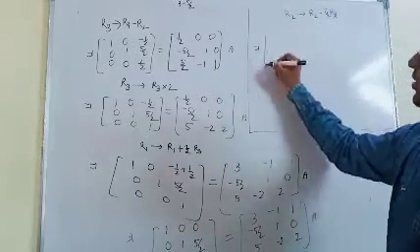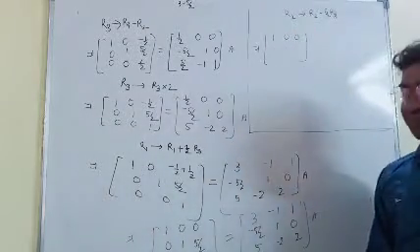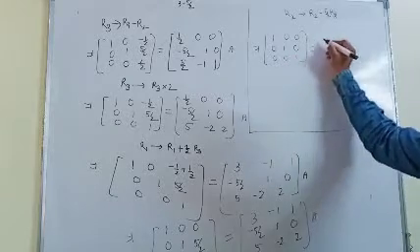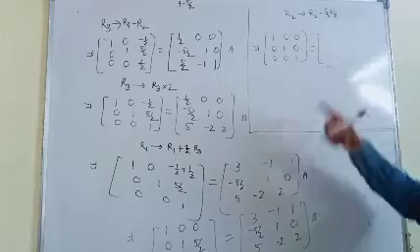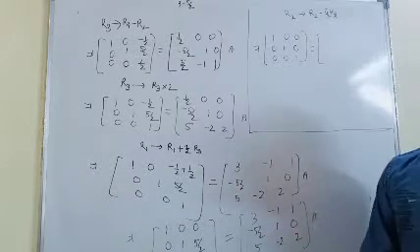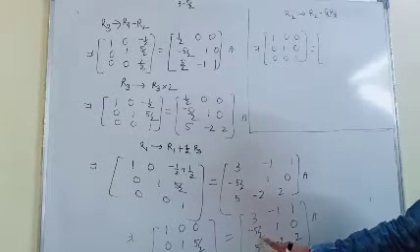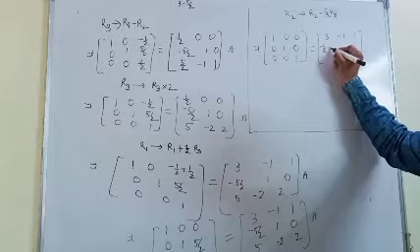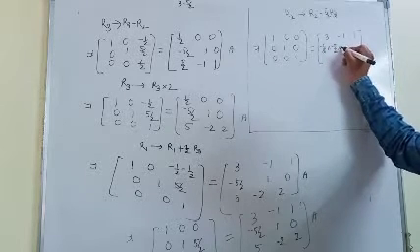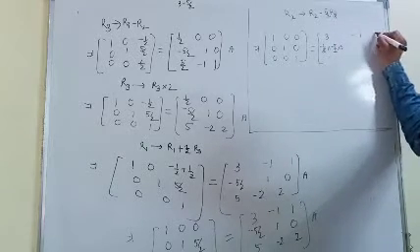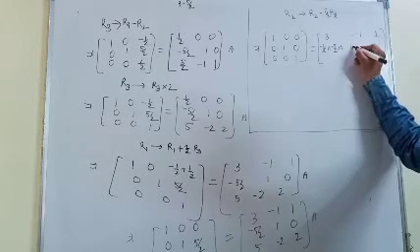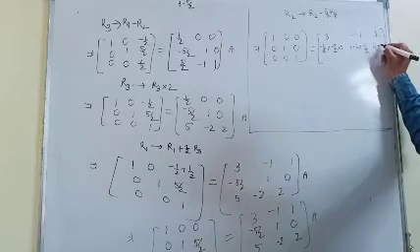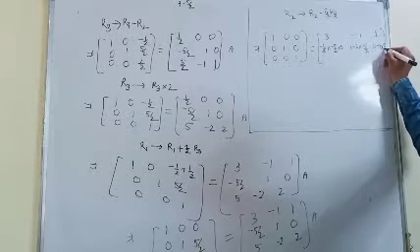So what will happen, look, this will be 1 0 0, in the first row there will be no changes. In the second row, this will be 0, this 1, this will become 0, this will be 0 0 1 only here. Now what we do, you have to multiply with 5/2. What will happen, think: -5/2 into 5, the first group, second 1 into 1 minus 2 into -5/2 operation here, 0 minus 2 into 5/2.